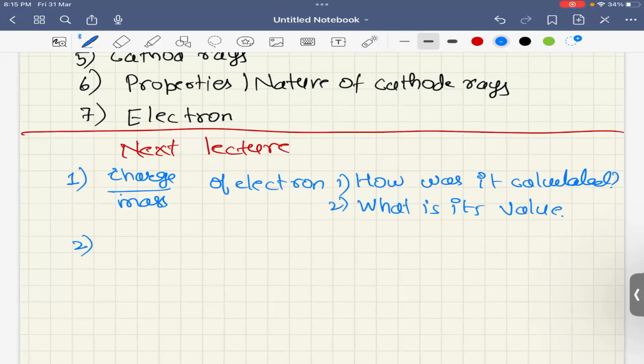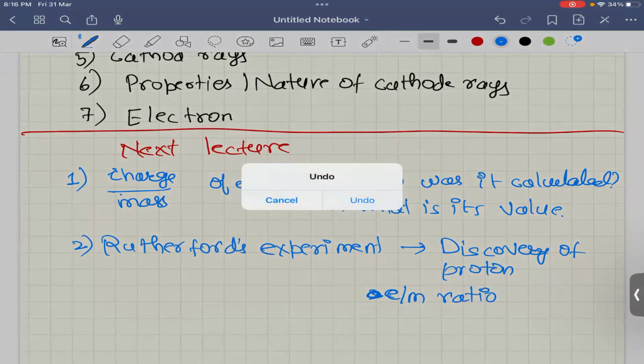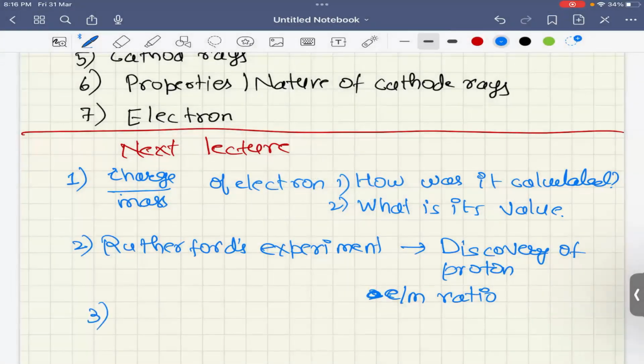Then we will learn about Rutherford's experiment, and the proton, its charge to mass ratio, e by m ratio, right? And then properties. The rays which are associated with the proton are called anode rays. Its properties we are going to study.